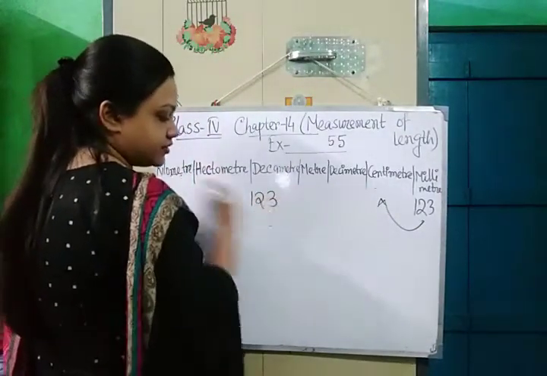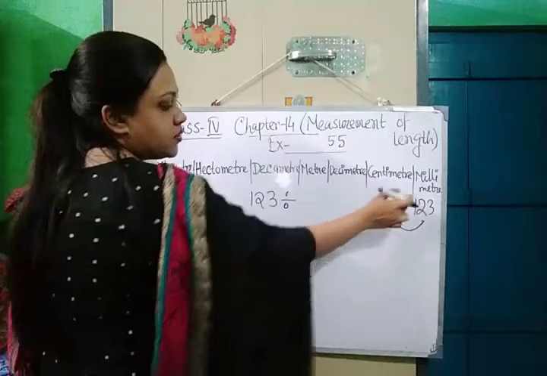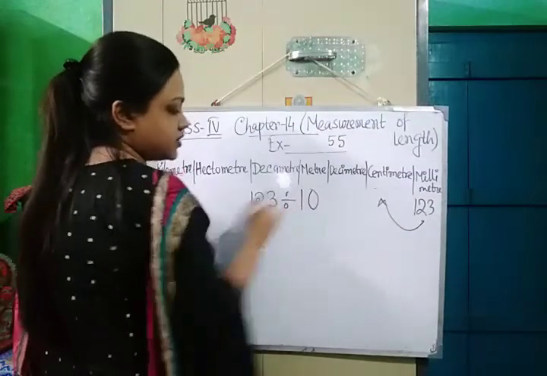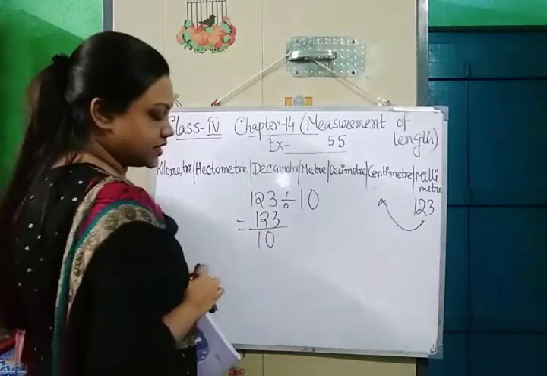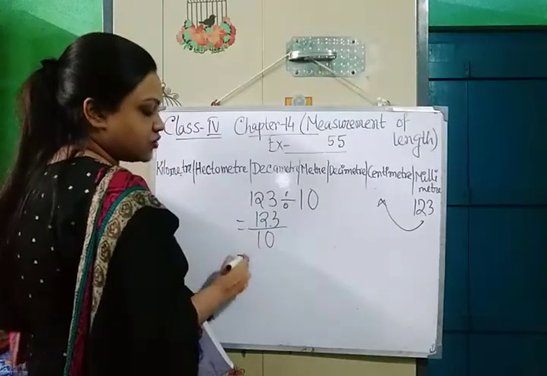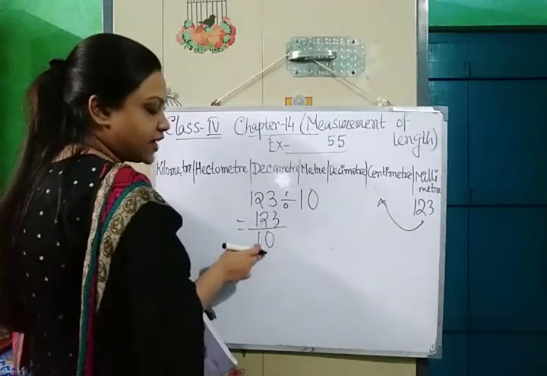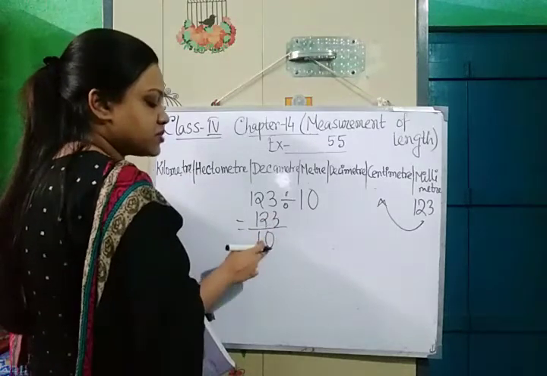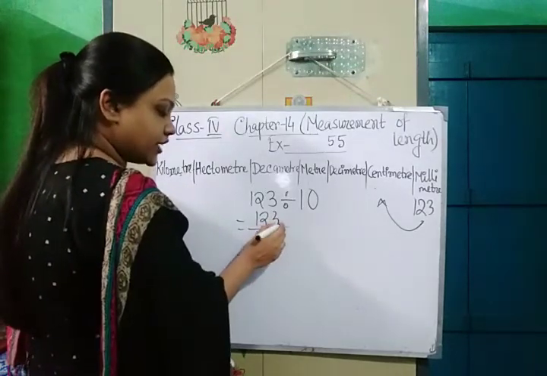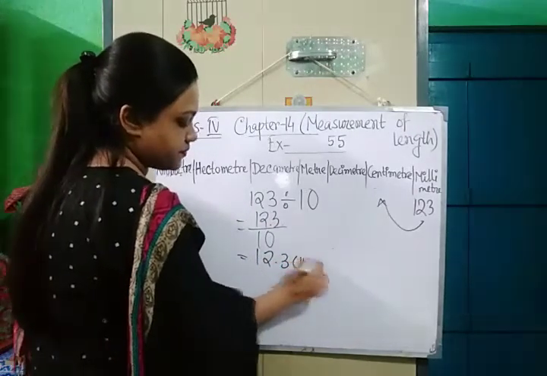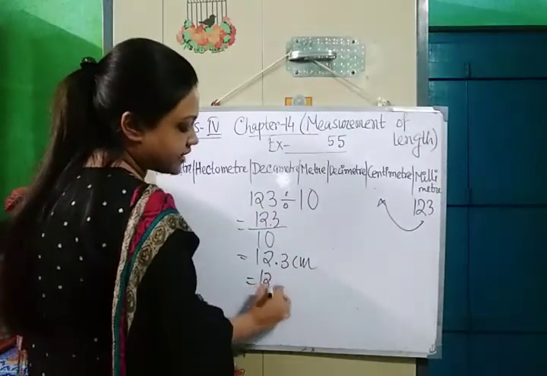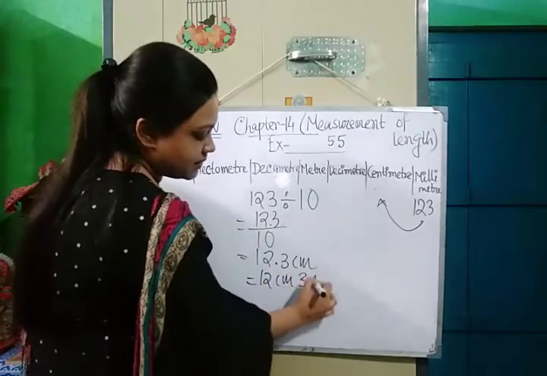We will divide by how much? Only one place, so only one 0. So we can write it as 123 divided by 10. So again we will move to the left. We are dividing it by 10, so one place we will move since one 0 is there. So it will be 12.3 centimeter, or we can write it as 12 centimeter 3 millimeter.